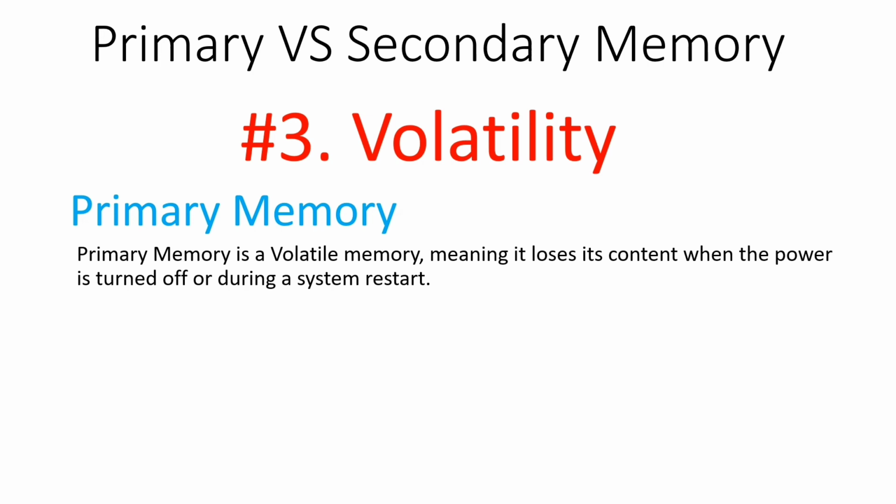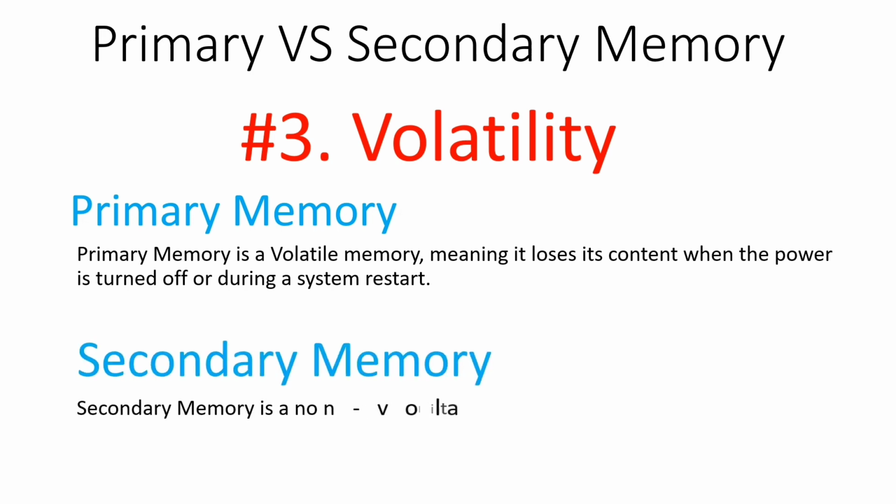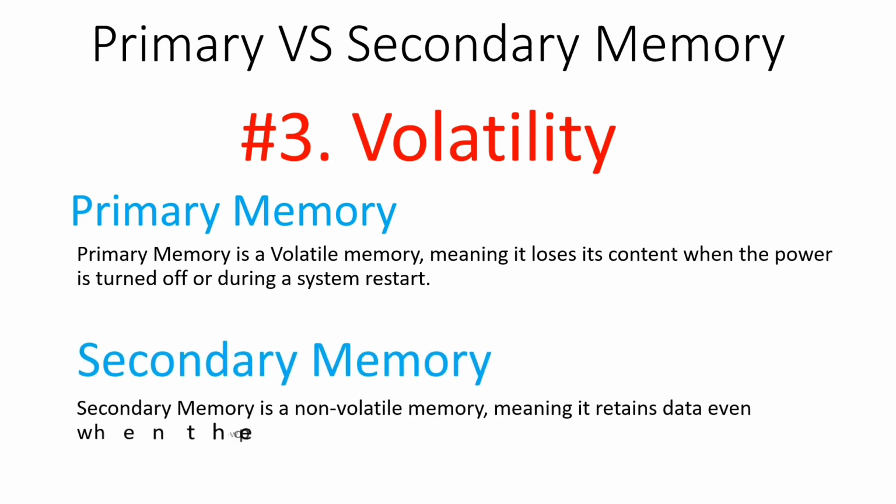It cannot hold the data permanently. Whereas secondary memory is a non-volatile memory, meaning it retains the data even when the power is turned off. So the secondary memory holds the data permanently without damaging any part of the data even if the power is turned off.